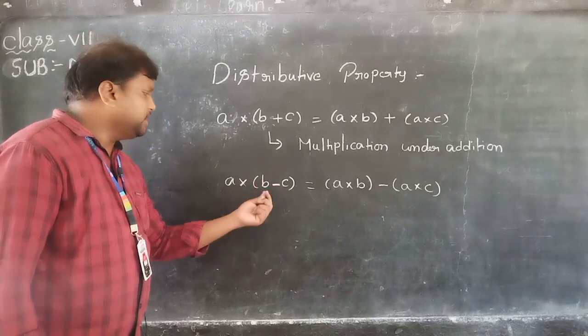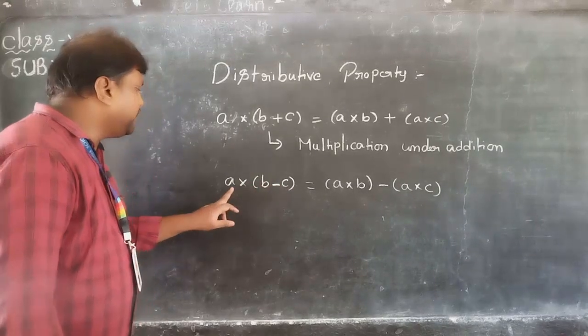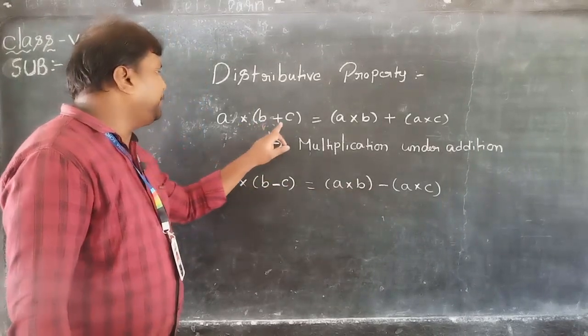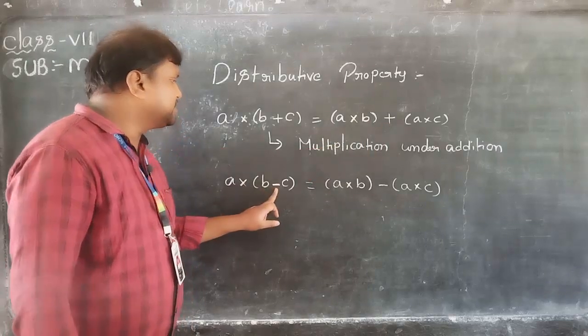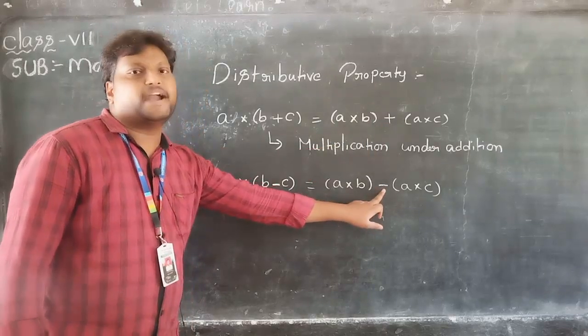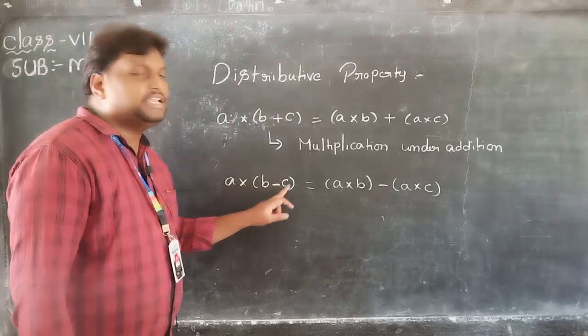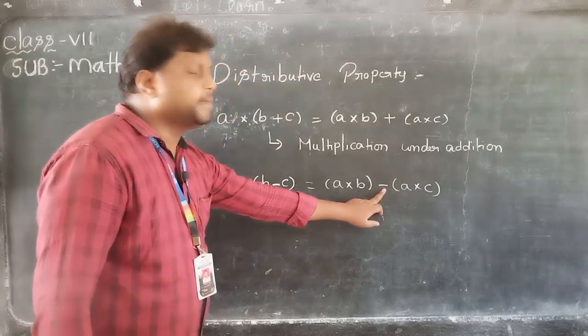With subtraction. Subtraction is performed between b and c. Here it was a into b plus c, that's why the symbol is plus. Here a into b minus c, that's why we take the minus symbol. Here a is multiplying b and c equally, but depending upon the symbol, the minus symbol will come here also.